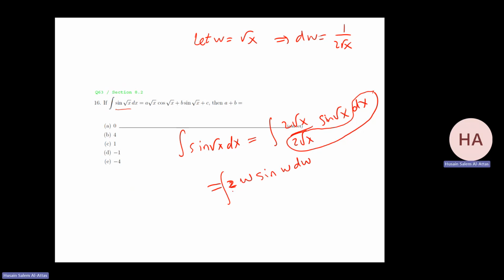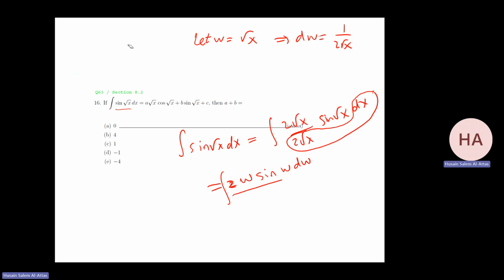Now I need to do this by parts. I wanted to do this with the 2.